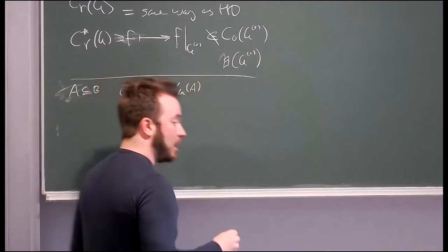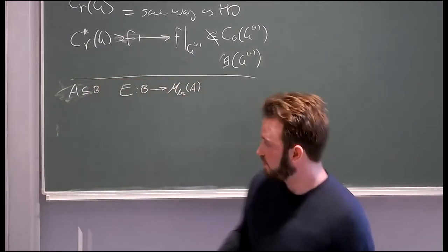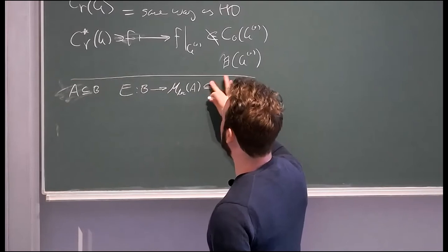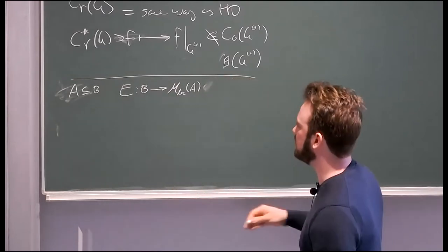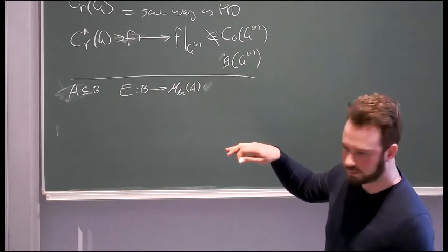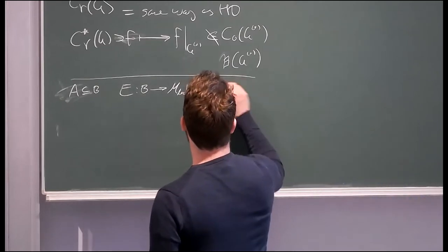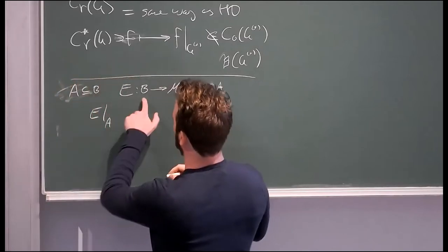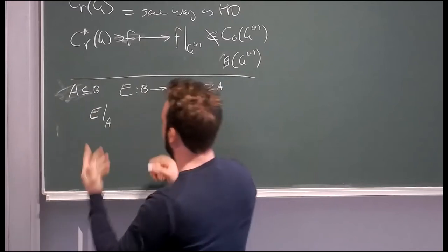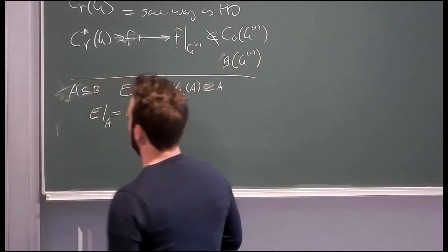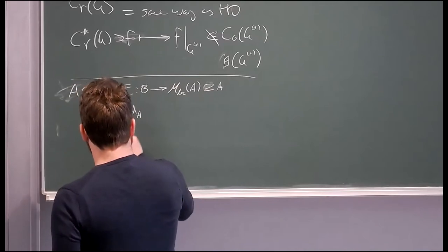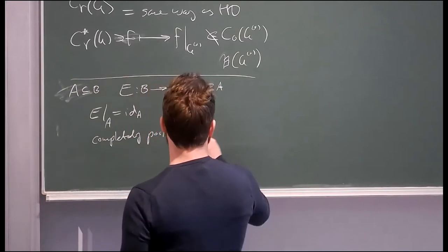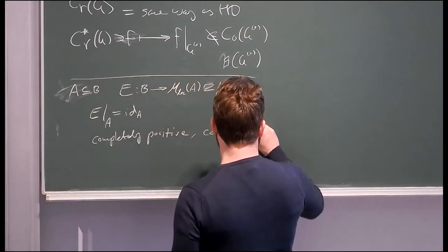If you don't know what this is, don't worry. It's an algebra containing A, and it embeds in the injective envelope of A, if you know what that is. But for now, just think of it as something that's bigger than A. So this in particular contains A. And when you apply this map to A, because A sits inside of B, it should just be the identity on A, and it should be completely positive and contractive and linear.